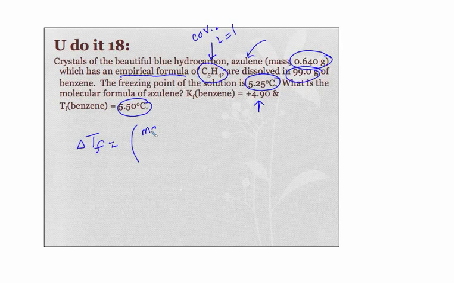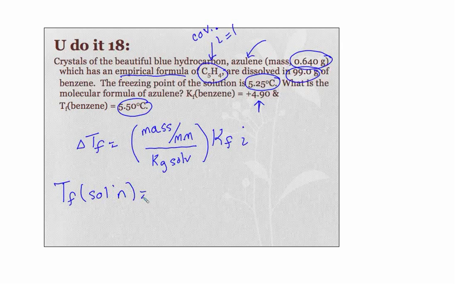Since we're looking for a molar mass, not a molality, I'm going to write out the fuller form, over kilograms of solvent, times Kf times i, which we now know is 1, but I'm going to write it just to be complete. And the freezing point of our solution is equal to the freezing point of our solvent.